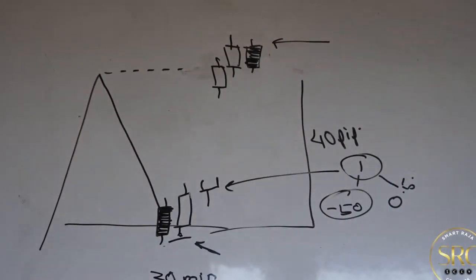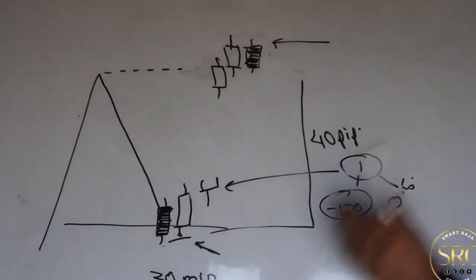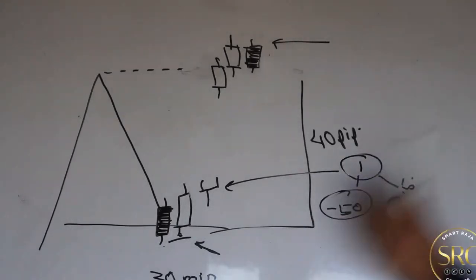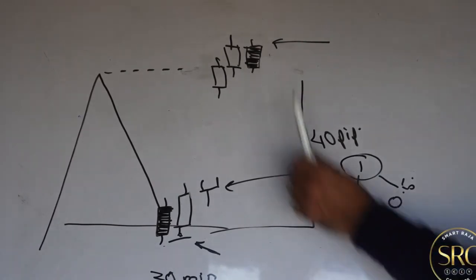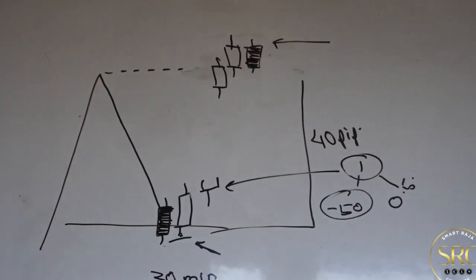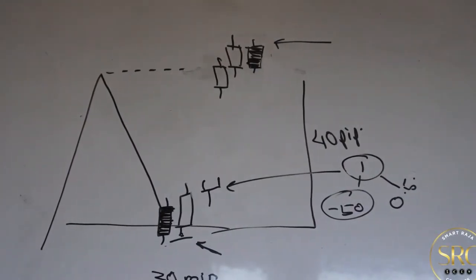The idea of managing risk is to never let your full position hit a stop loss. That's the whole idea. So the first variation is when the 15-minute candle is closing bearish: boom, 50% off the table. No matter what, 50% off the table when a 15-minute candle closes bearish.